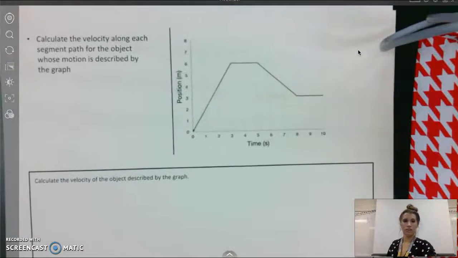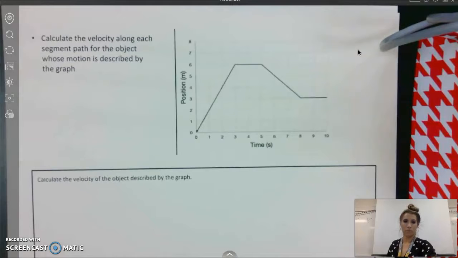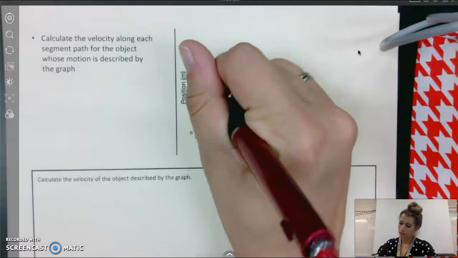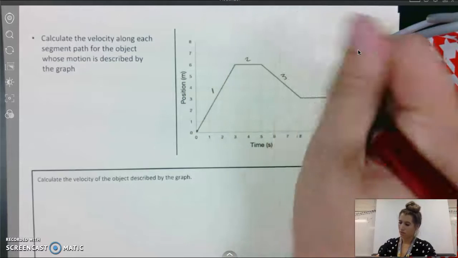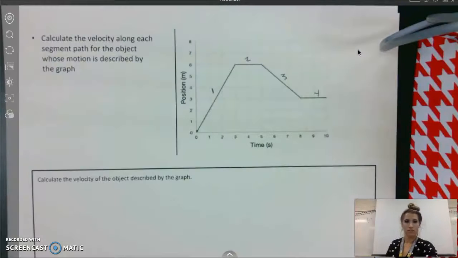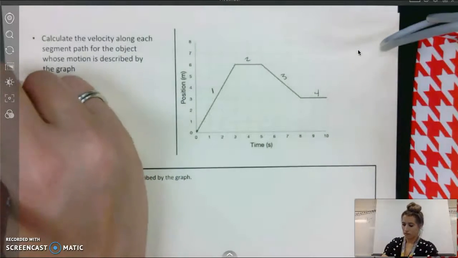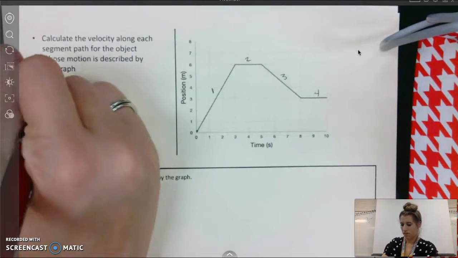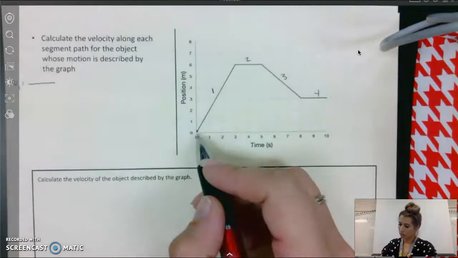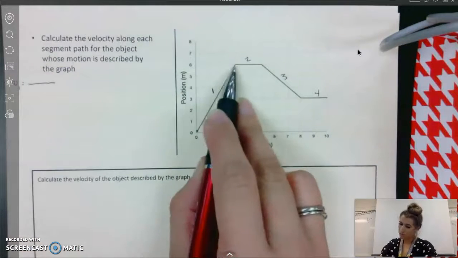Okay, we're going to calculate the velocity along each segment of the path of the object whose motion is described by the graph. It's very similar to what we did last time. We're going to call these sections 1, 2, 3, and 4. Velocity 1: x final, position final, was at 6 meters.